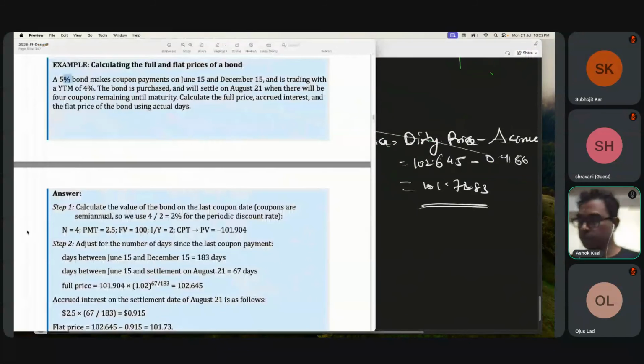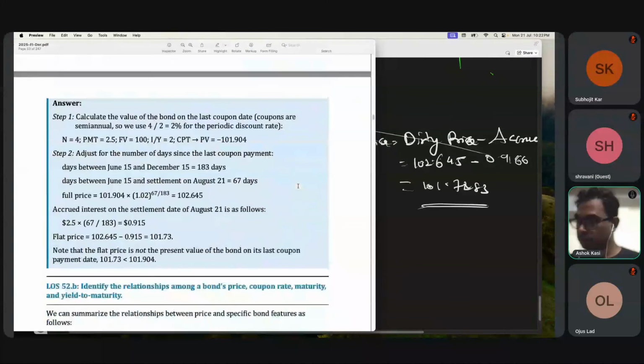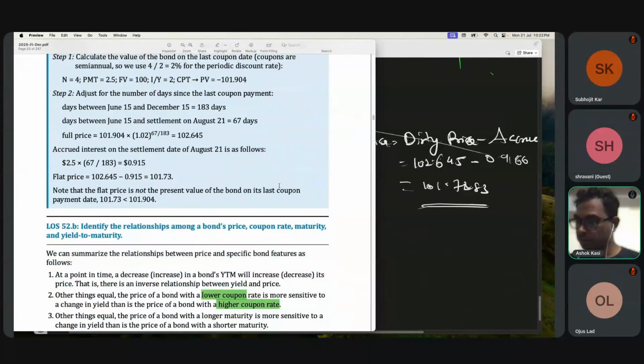The next one. Flat price is not the present value of the bond on its last coupon payment date. So we should not think of flat price as the present value. Flat price is the price if you hold it for the entire period.